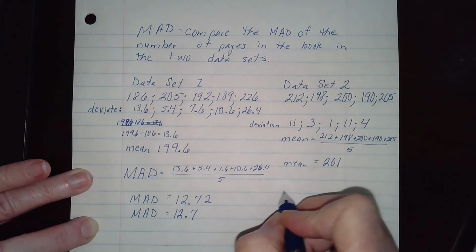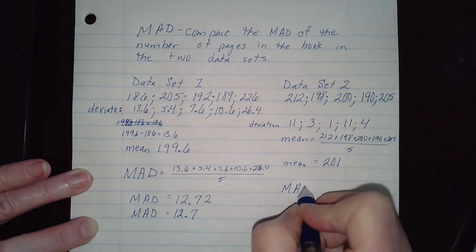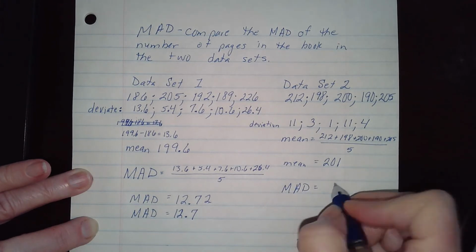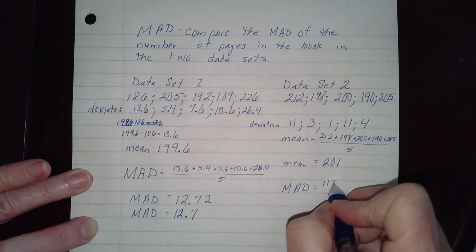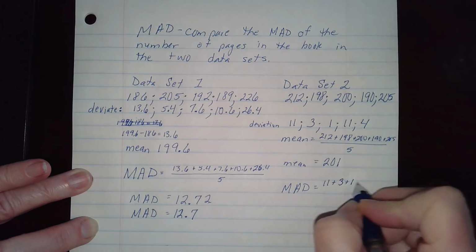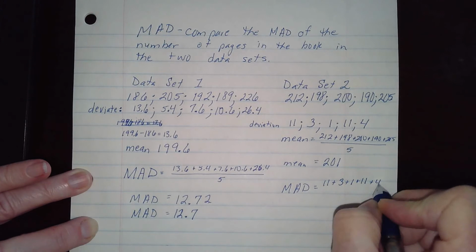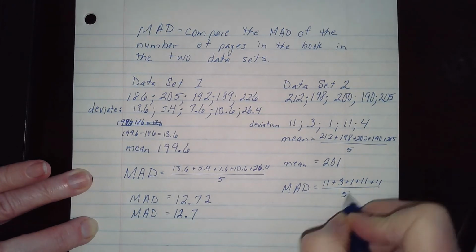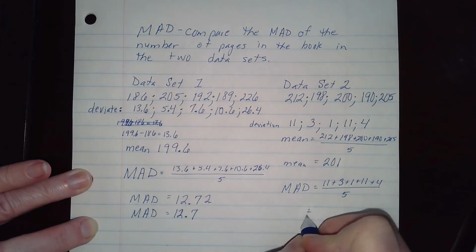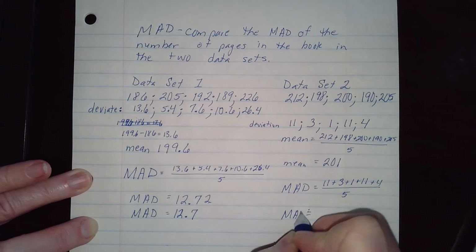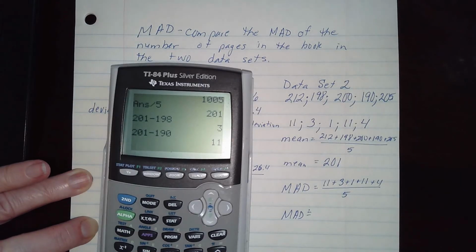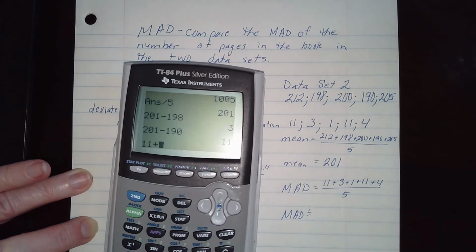So now to calculate the MAD, the MAD on this data set would be 11 plus 3 plus 1 plus 11 plus 4 divided by 5. And we'll round that one to the nearest tenth also. So it would be 11 plus 3 plus 1 plus 11 plus 4 equals 30, divided by 5.